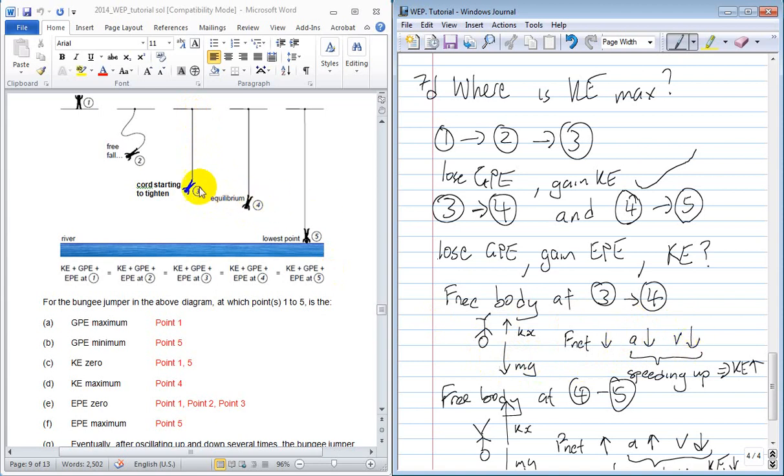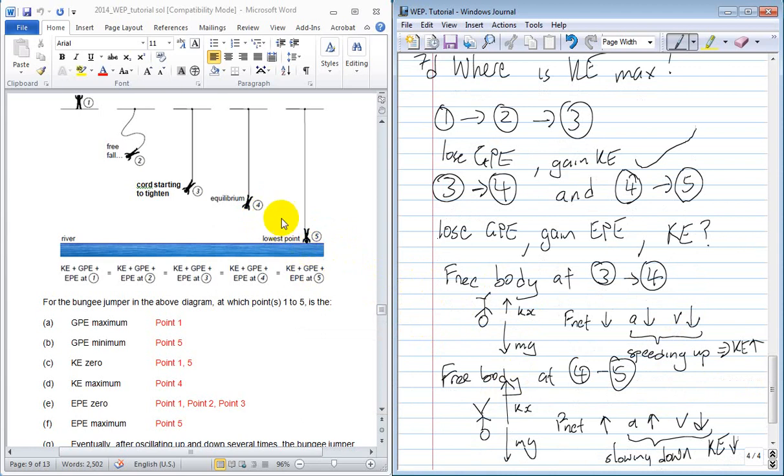Since my velocity from 0.3 to 0.4 is down, the acceleration and velocity in the same direction means I'm speeding up. So the velocity vector gets bigger and I know my KE increases. At 0.4 we know that kx becomes as big as mg. So what happens from 0.4 to 0.5? kx starts to increase more and more because the extension increases more and more.